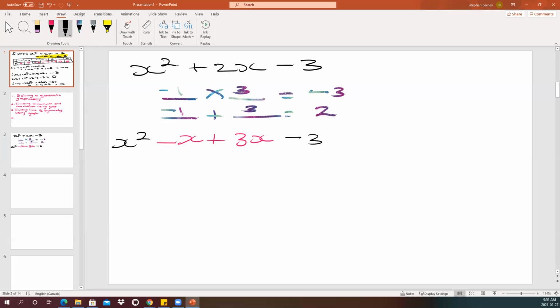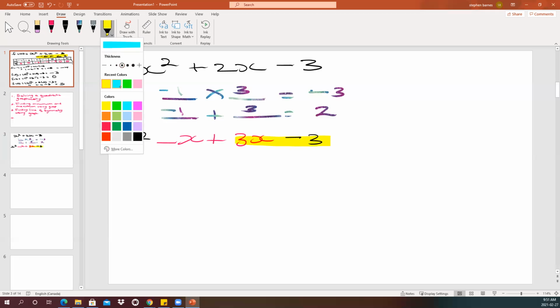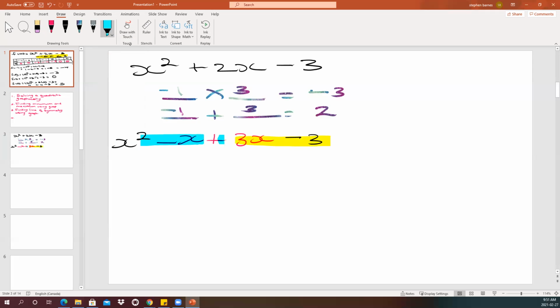And then we would go ahead and factorize by pairs. We would factorize this pair together and that one over there together. You remember all of this?